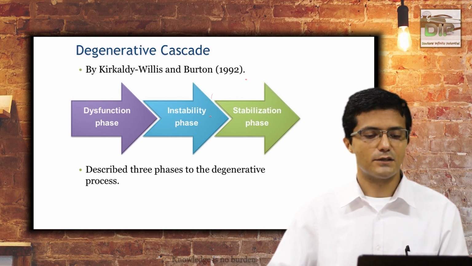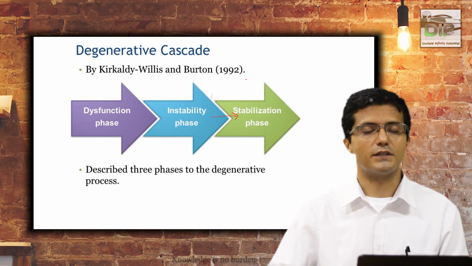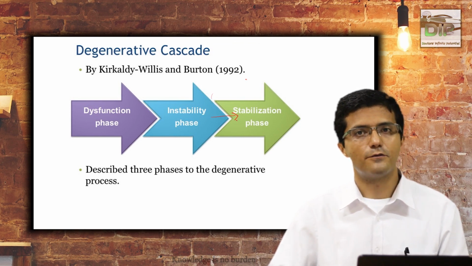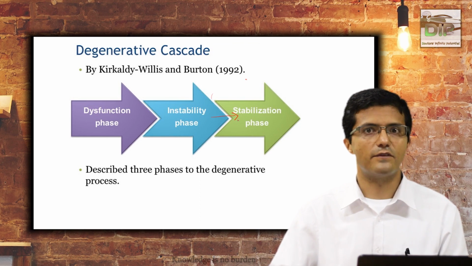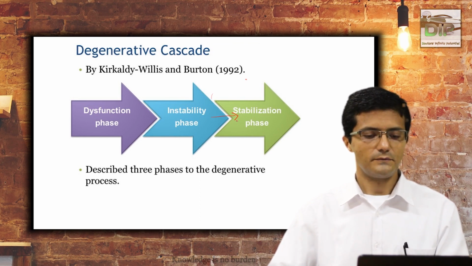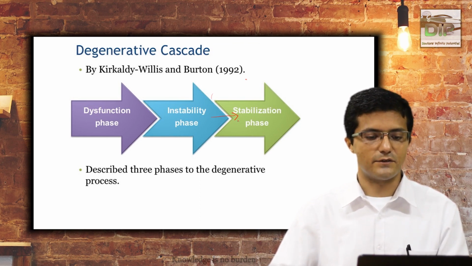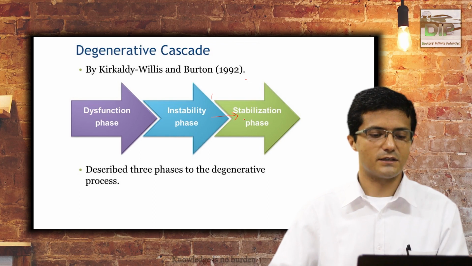This instability slowly produces hypertrophy of the facet joint and hypertrophy of the ligamentum flavum, which leads to the stabilization phase of the disc, and the movement is lost.